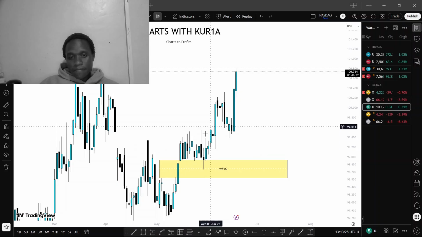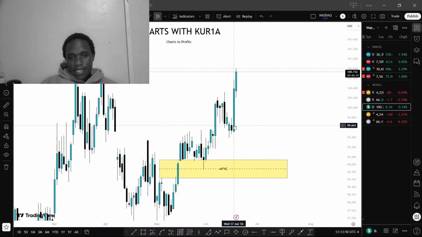Let's not put much emphasis on that. Monday we had that retest to this order block, and then on Tuesday we had some form of inside day, which I've told you is normal to see on pre-high impact news days, pre-NFP, pre-FOMC, pre-CPI and such.